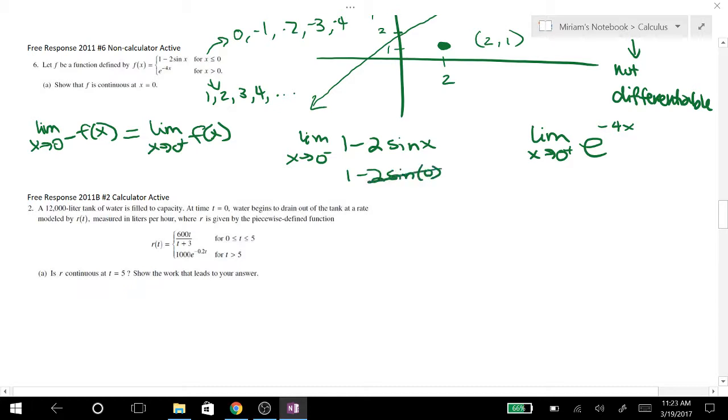Sine of 0 is 0, so this whole term will be 0. 1 minus 0 is 1. Here I plug in e to the negative 4 times 0. That becomes e to the 0. Anything to the 0 is 1. Is 1 equal to 1? Yes, it is. So you say, yes, f is continuous.